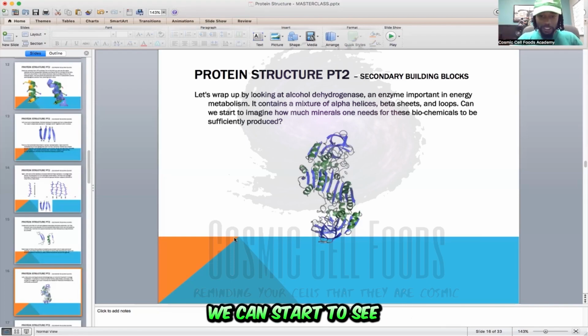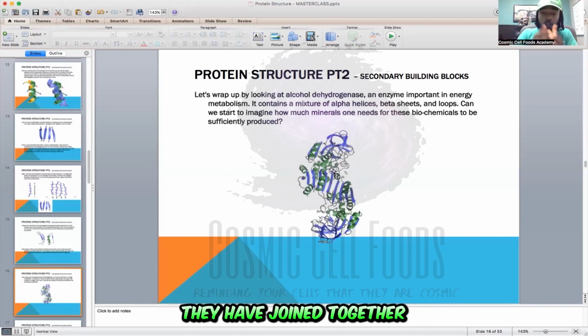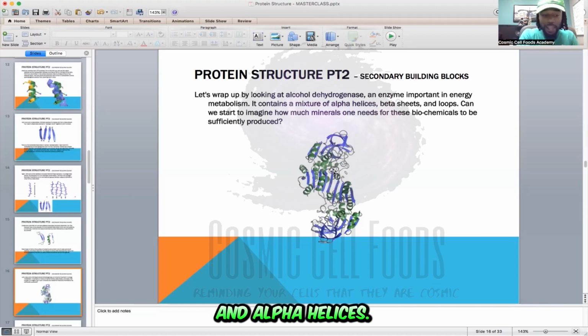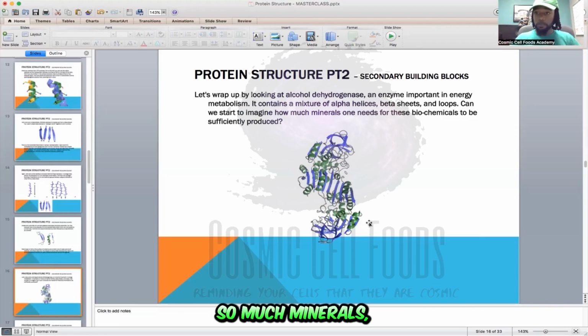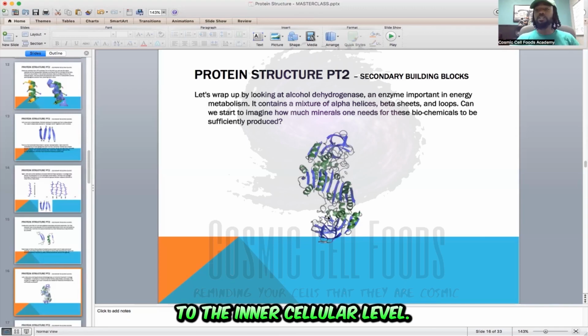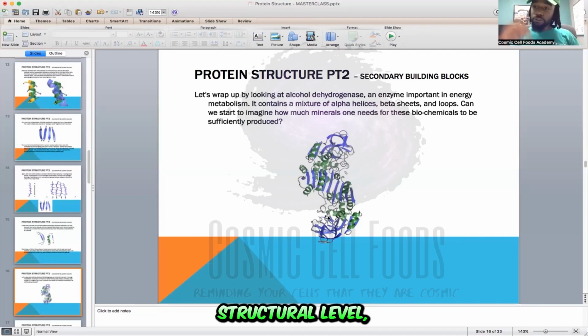So we can start to see it, because all of these secondary building blocks that have now come together, that have joined together due to these loops, beta sheets, and alpha helices, we already know that those are built off of the CHO arrangement. So we can see that when they come together, we understand why the body needs so much minerals, because everything within the body is built off of these minerals. I'm just taking you to the intercellular level. I'm taking you to the inner protein level, the inner mineral structural level, to be able to truly understand why the body needs so much minerals.